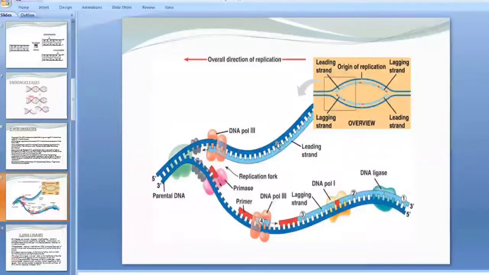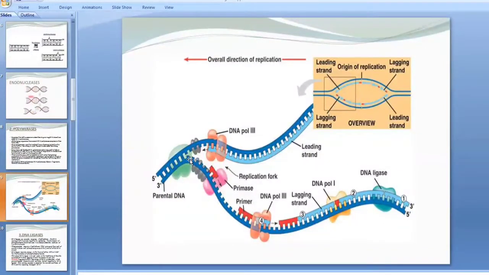This is called the leading strand. Whereas in the lower side you can see the lagging strand. In this strand, the extension takes place from the 5 prime to the 3 prime end.